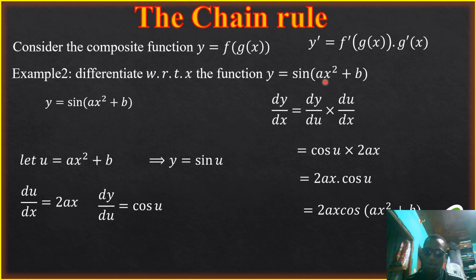I have to multiply by the derivative of the inside part. When you differentiate this inside with respect to x, you have 2ax. That's it there, and you are good to go. You don't need to do all the substitution. It's necessary if you cannot reason it this way or do it directly, you can go through this long procedure and get to the same answer.